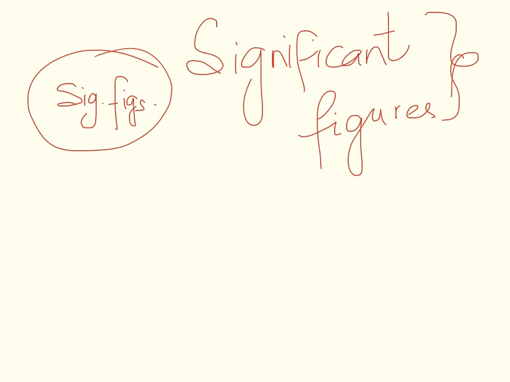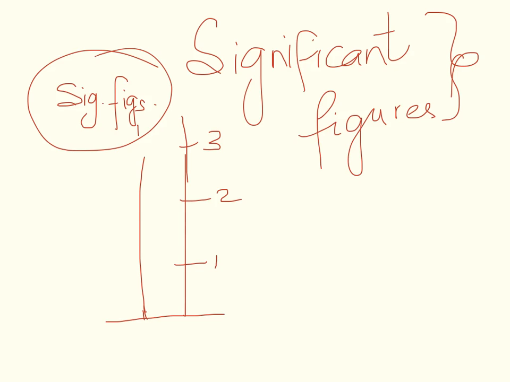Now the precision of the measurement also depends on what kind of instrument you are using. Say there is a measuring cylinder that is marked like this: 1, 2, 3 milliliters.